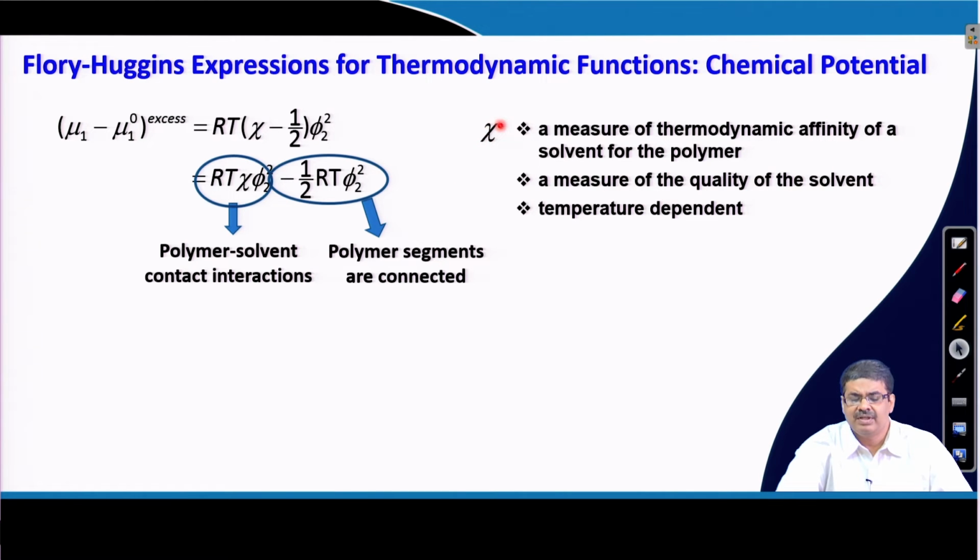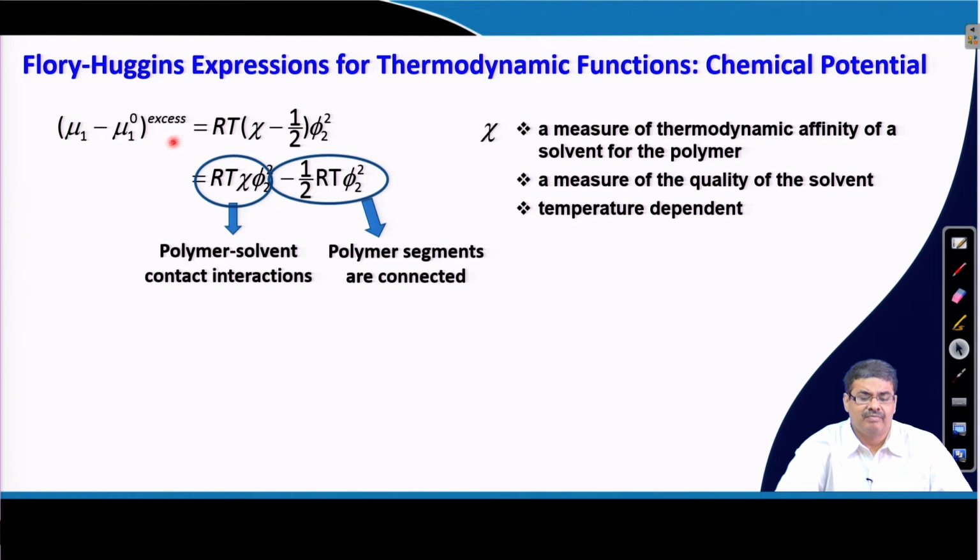Once again, if we look at the polymer-solvent interaction parameter, it is a measure of the thermodynamic affinity of the solvent for the polymer. It is a measure of the quality of the solvent and it is temperature dependent.